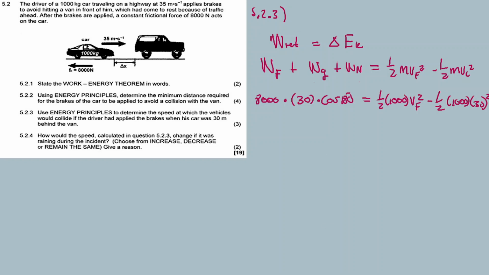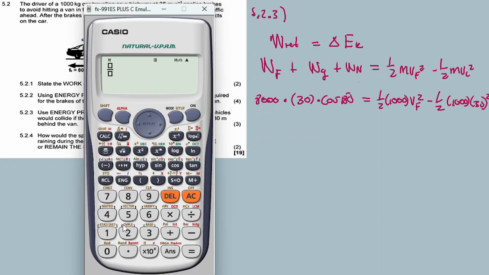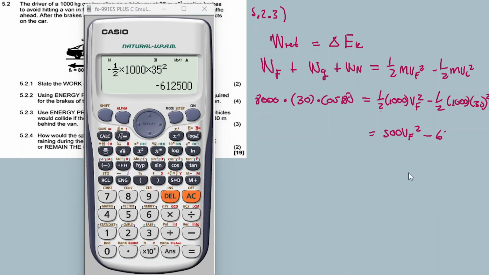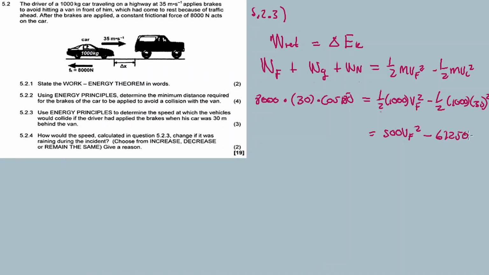So let me substitute and calculate this question. It's a little energy principles, a lot of energy principles, this is boring for people. Okay, let's calculate this part. 1/2 times 1,000, about 500, times 35 squared, minus 612,500.